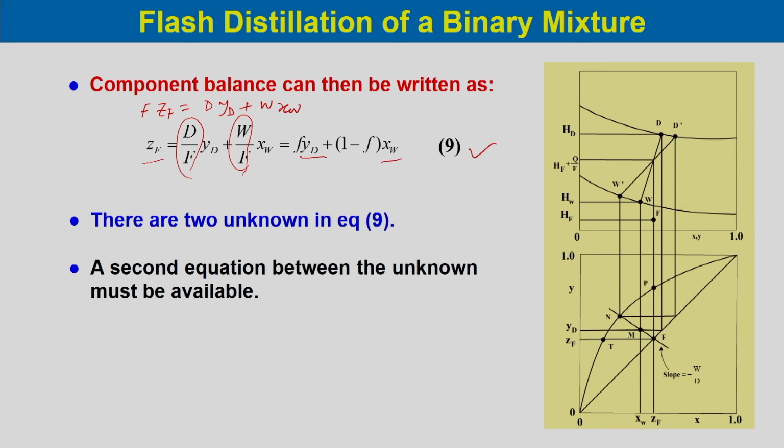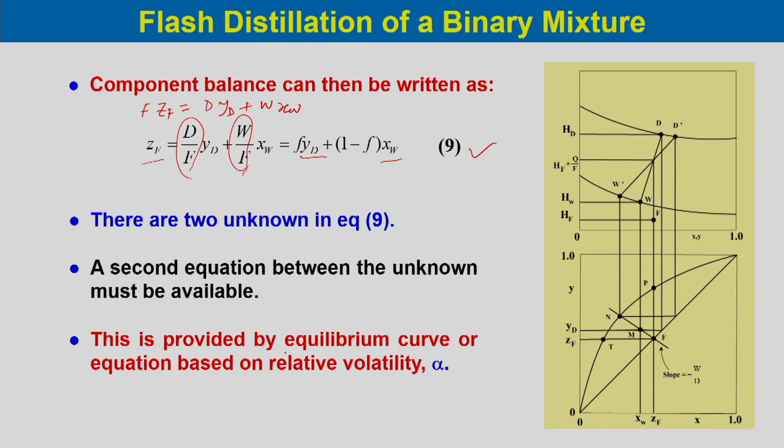To do that, there are two options available. One is the equilibrium curve. If equilibrium data is available, then we will have the equilibrium curve, or it can be based on the relative volatility equation, that is alpha. So, either of these two should be available to relate the two compositions YD and XW.